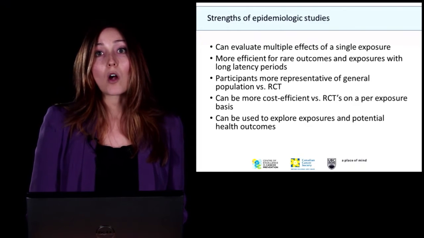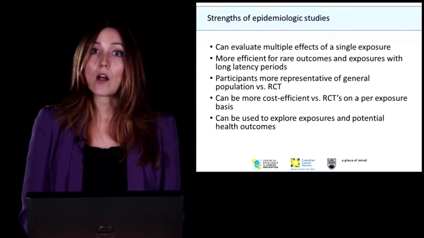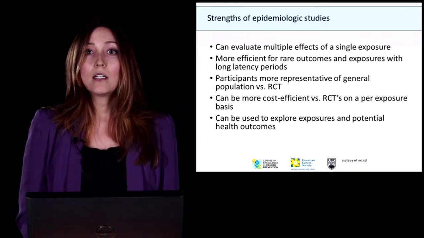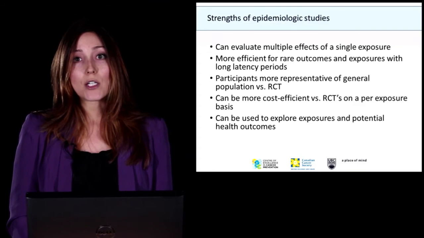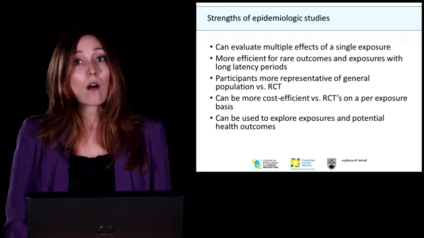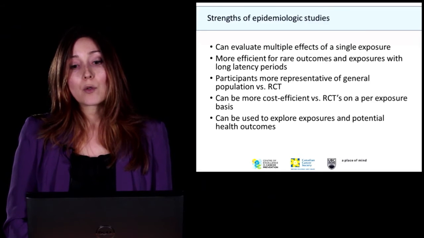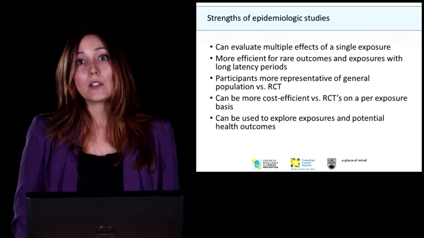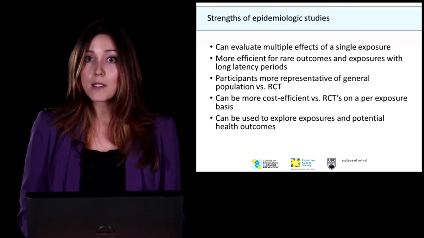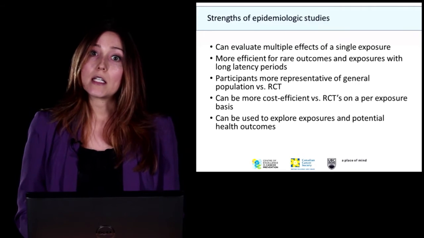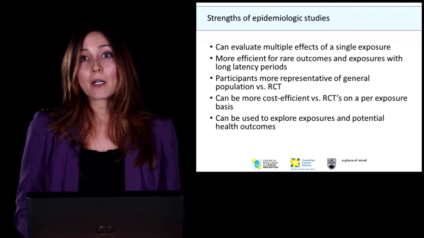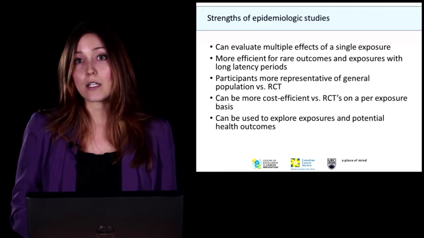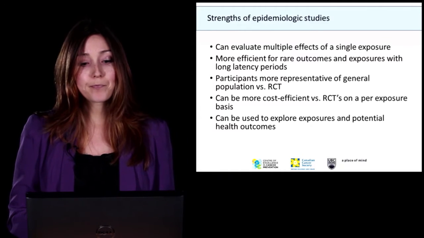As well, they can be more cost efficient versus RCTs on a per exposure basis. So both epidemiologic studies as well as RCTs are expensive. However, with observational studies, you can look at multiple different health outcomes. Compared to RCTs, which are really designed to look at a primary outcome and possibly a secondary or tertiary outcome.